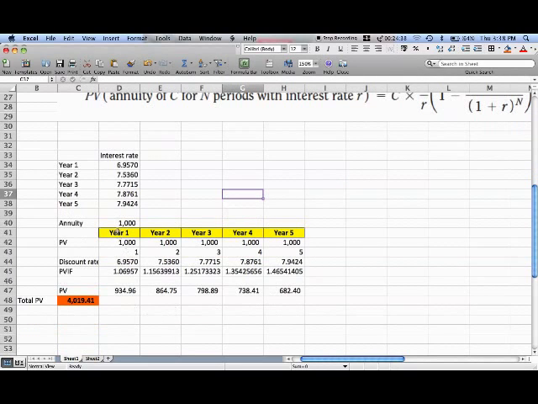So some people just jump to the 5-year discount rate because they say this project is for 5 years, so the discount rate should be the 5-year rate, instead of knowing that the first year, second year, third and fourth year each have a different interest rate. Okay, so this is the common error that people make.